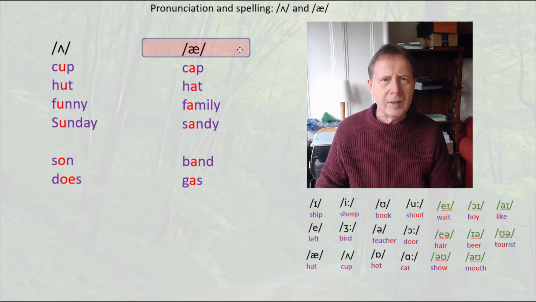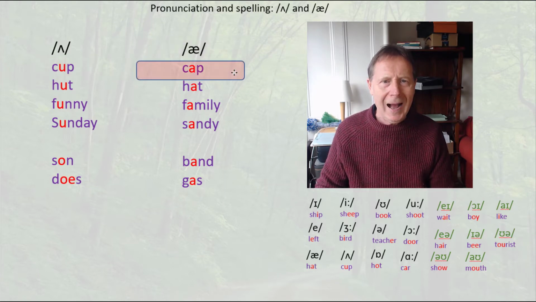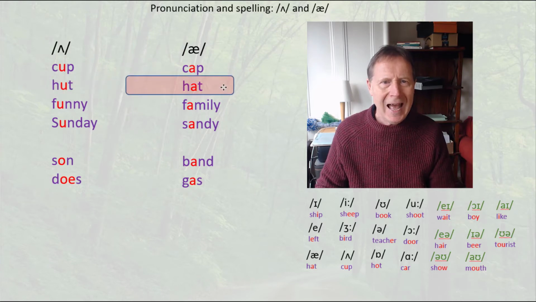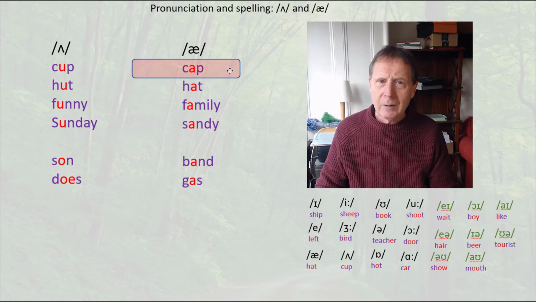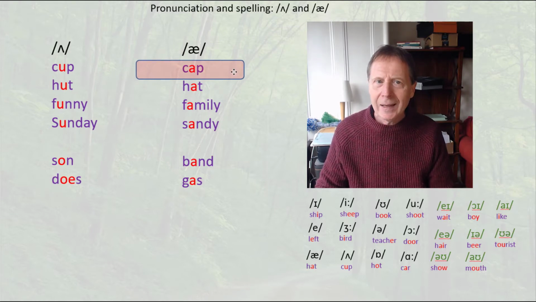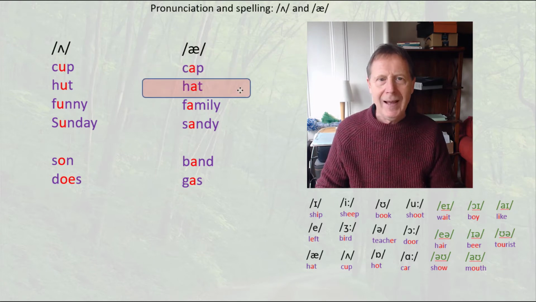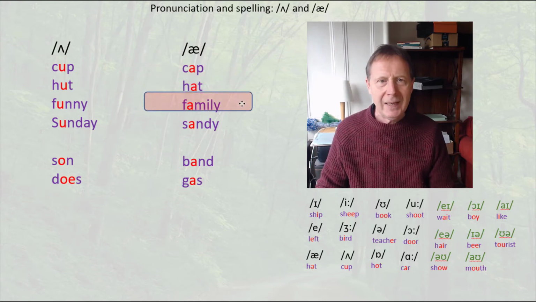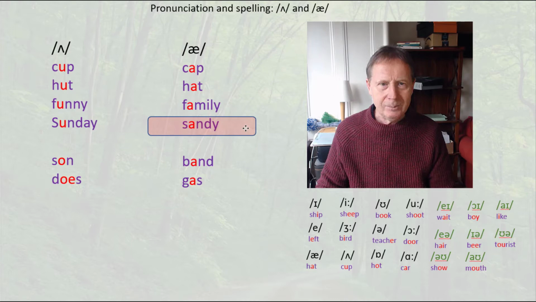Now the next sound is æ. You can hear the difference. ʌ, æ: cup, cap, hut, hat. So the normal spelling for this phoneme is the letter A, as in cap, hat, family, sandy.